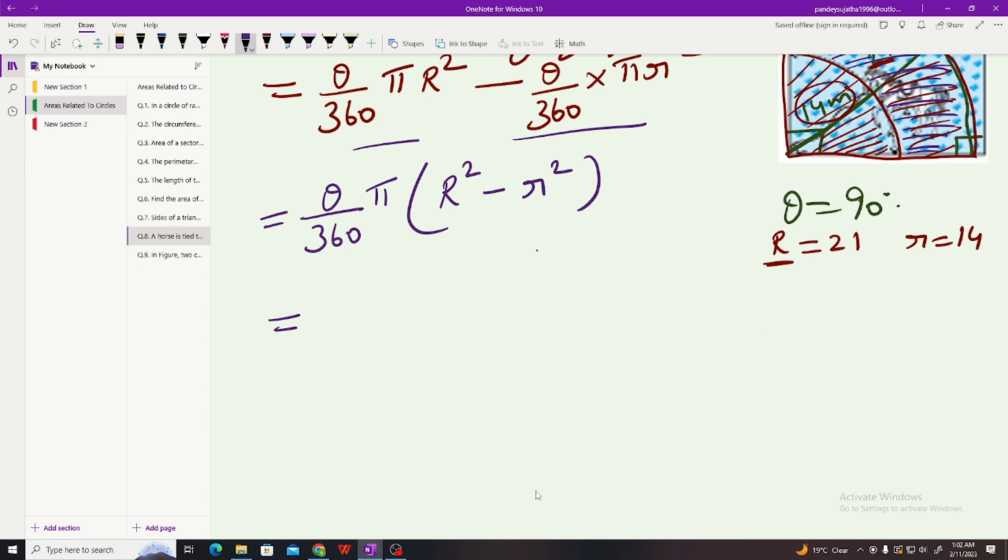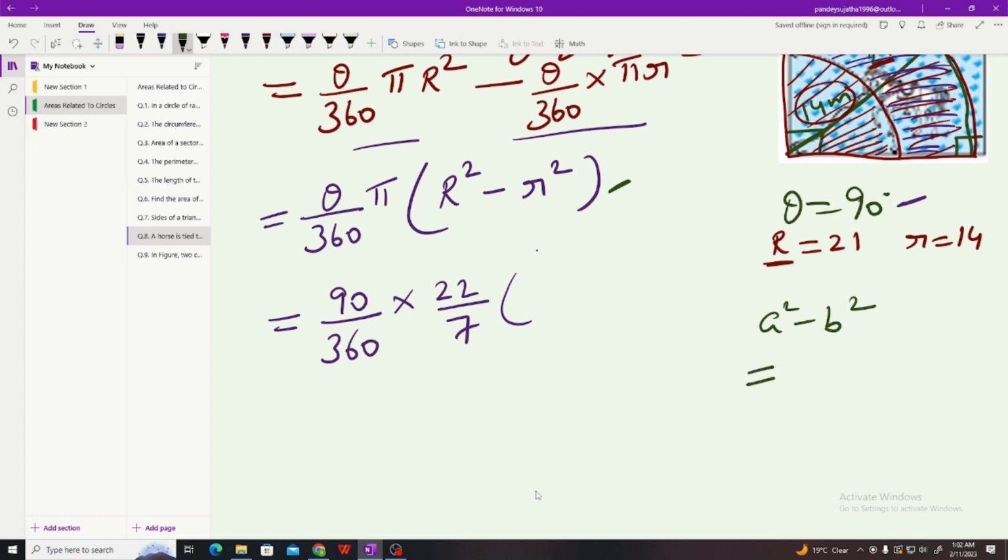So since theta is equal to 90, replace it: 90 upon 360 into 22 upon 7, and just see, R square minus r square is in the form of a square minus b square. So you all know a square minus b square is a plus b into a minus b. So please apply this formula here.